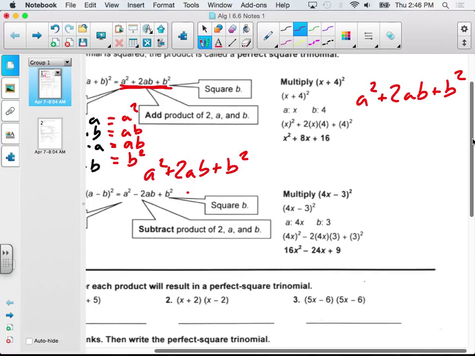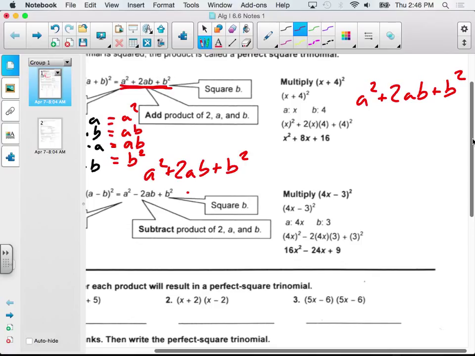Alright, so this is our model. They substitute in the values for a and b that they found, so all of a gets squared, plus 2 times x times 4, so 2ab. So we're going to have two things always happen. First, our first term in our final answer is just going to be our first term squared. X squared becomes x squared. The last part, our constant number, is our last term squared, so 4 squared equals 16.